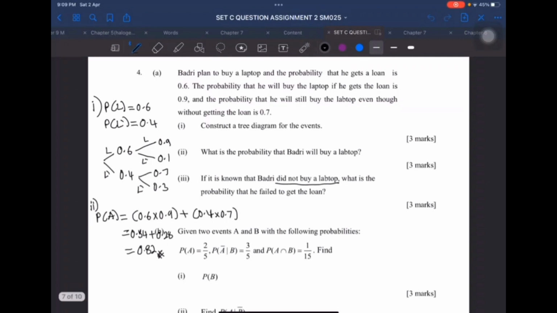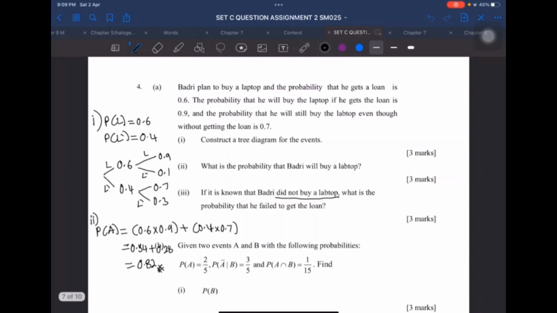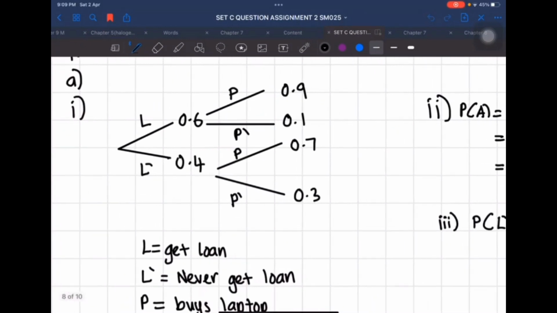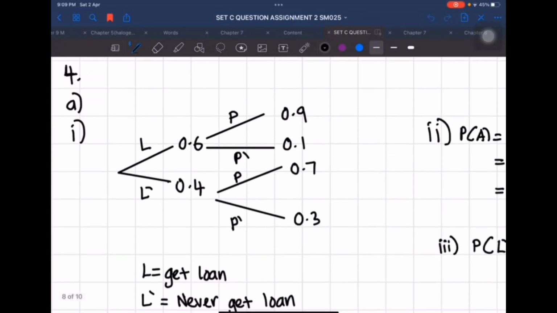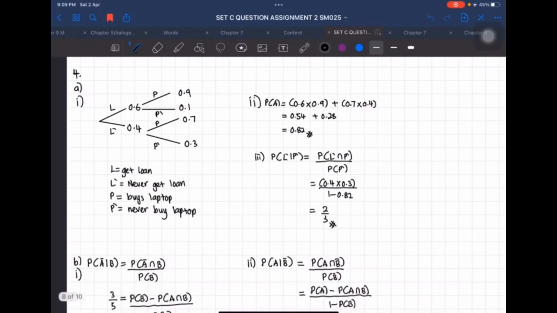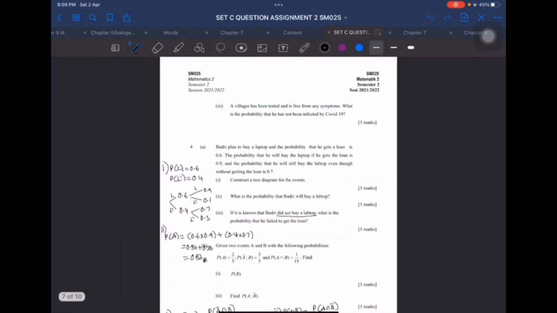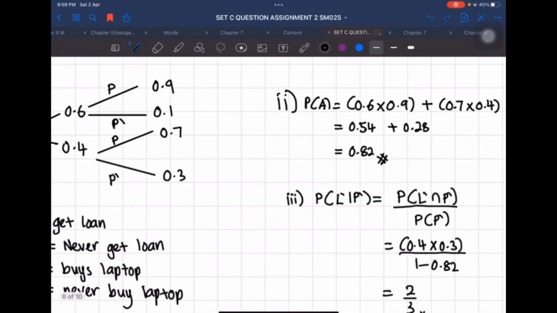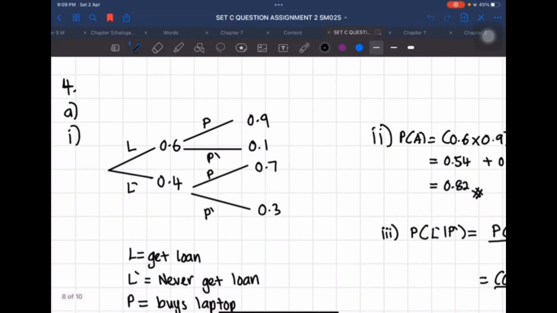So let's construct the probability of Battery getting a loan first. The probability that Battery gets a loan is 0.6 and the probability that Battery does not get a loan is 0.4. If he gets a loan and buys a laptop, the probability is 0.9, and if he gets a loan and never gets a laptop, the probability is 0.1.